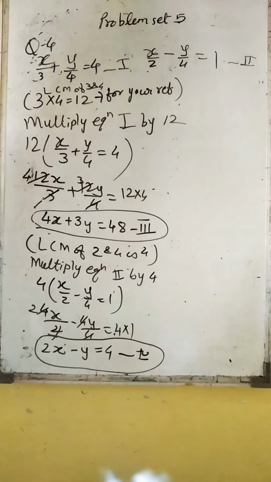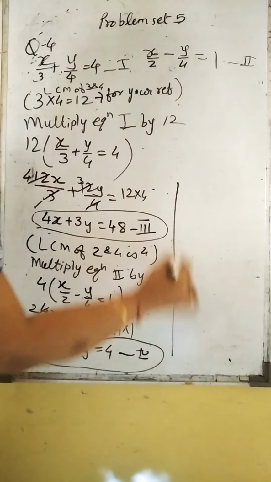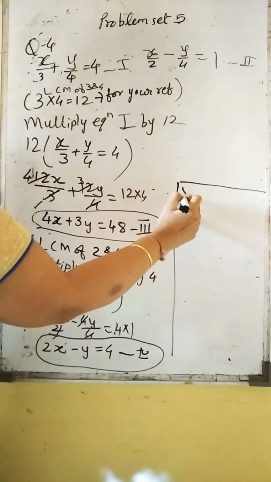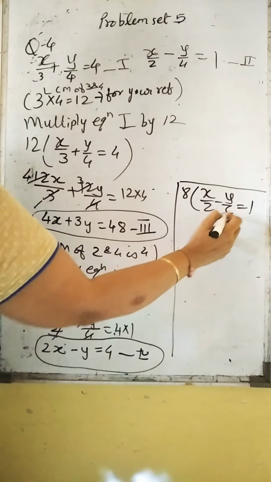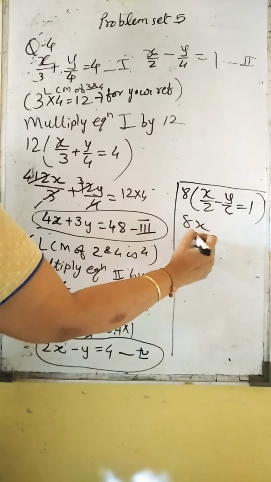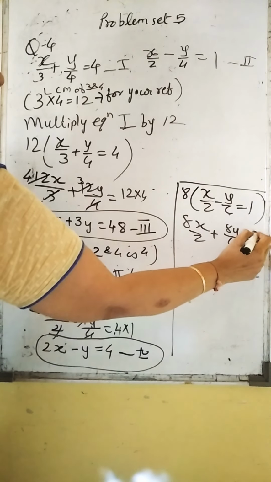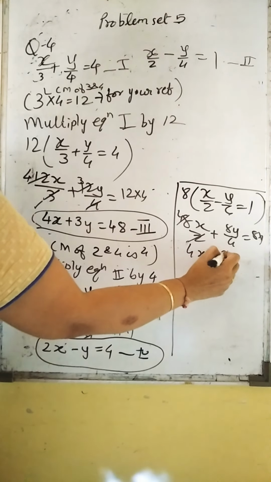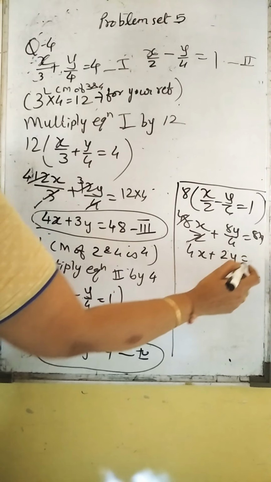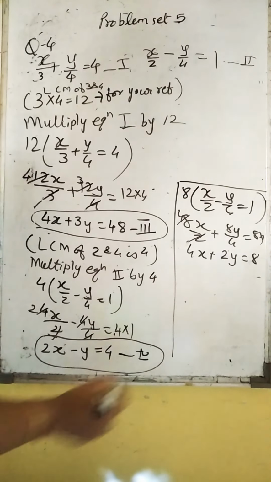Miss, if I didn't notice and multiplied by 8, then try 2 4s are 8, you will get the same thing. Multiply by 8, let's do it. So 8x upon 2 plus 8y upon 4 is equal to 8 into 1. So what you will get? 4x plus 2y equal to 8.